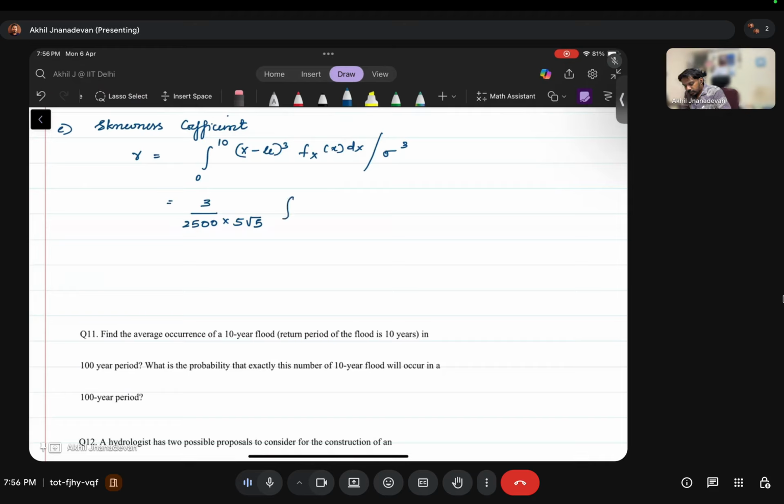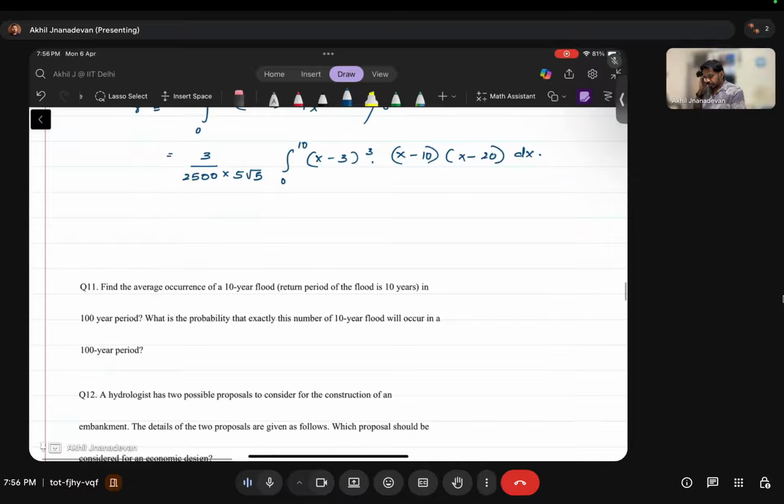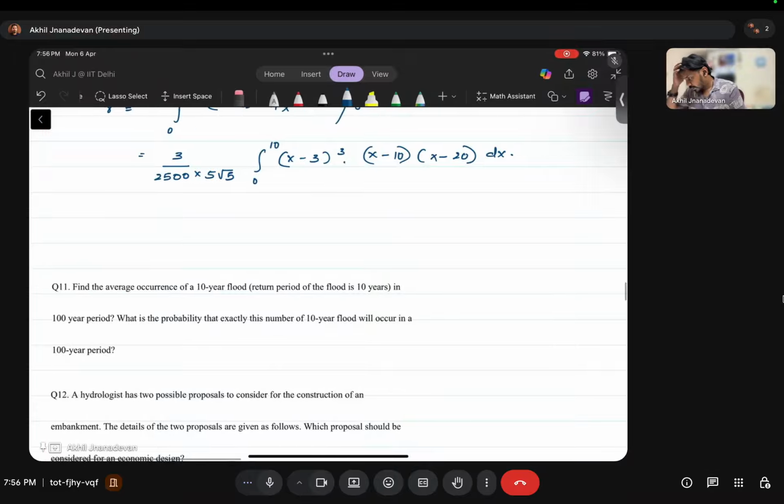Then the integral part will be 0 to 10 of (x minus 3) the whole cube, then (x minus 10) into (x minus 20) dx. Right. So we can solve this.